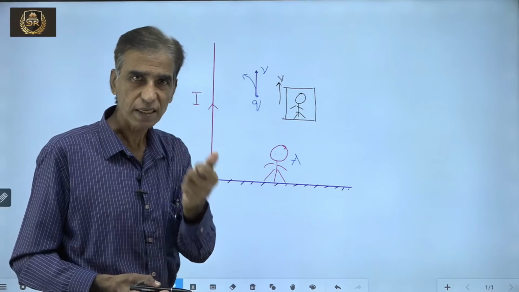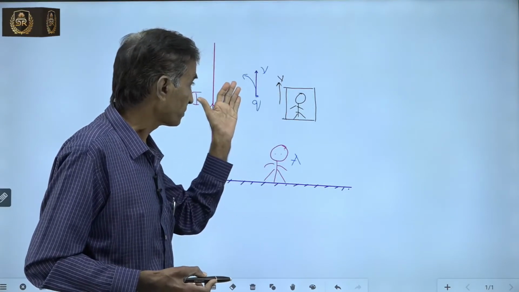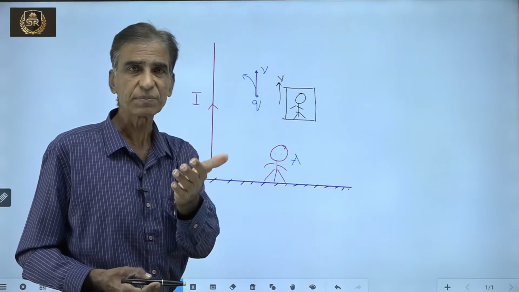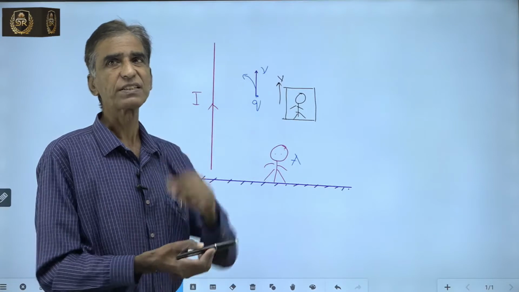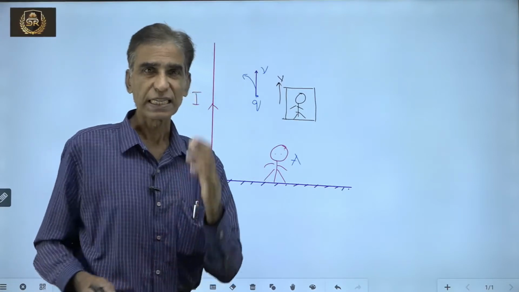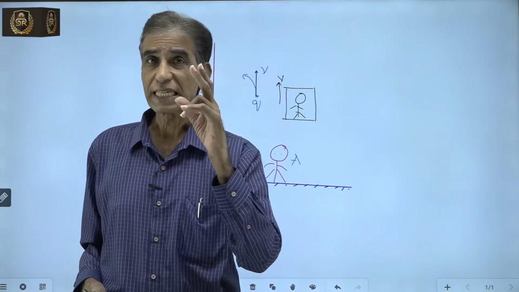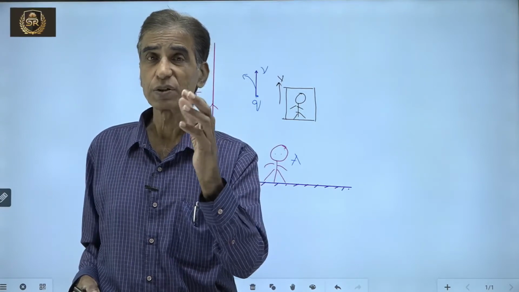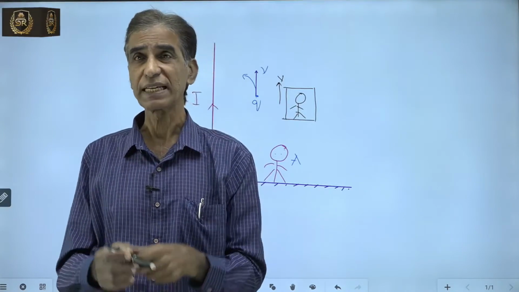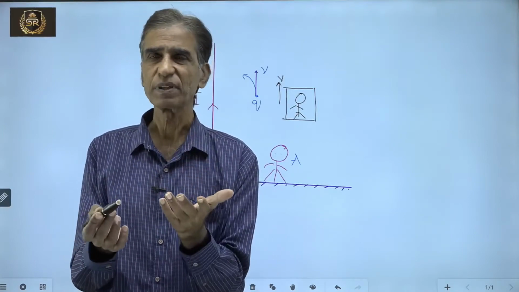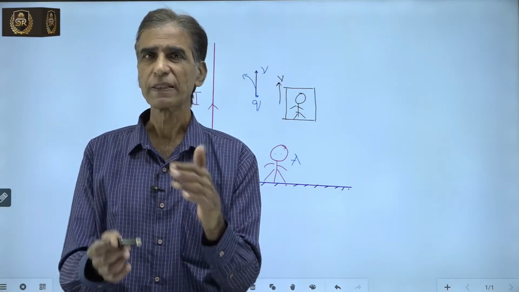Why? Because the state of the observer is different, the state of the charge also changes with the observer, so they feel different effects of that charge. That means electricity and magnetism are two entities of the same physical quantity. The physical body is the same, but the effects are different. That effect depends upon the observers.